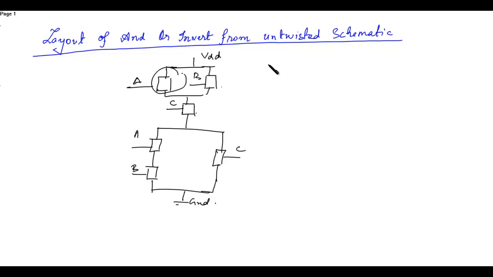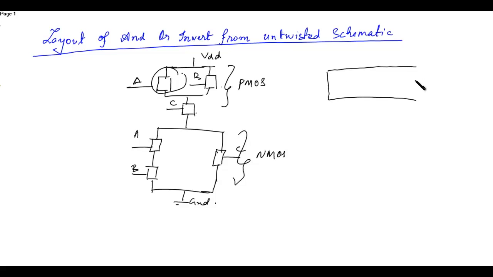For example, if this is an NMOS, this is a PMOS, these are the set of PMOS, and these are the set of NMOS. So instead of representing in this format, that is, this was the N-well and this was the P diffusion, instead of this we will represent it as this.